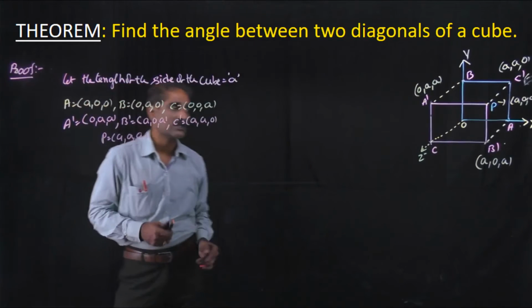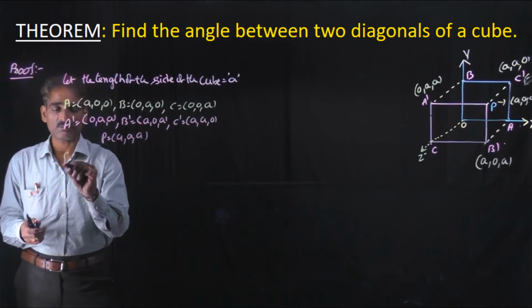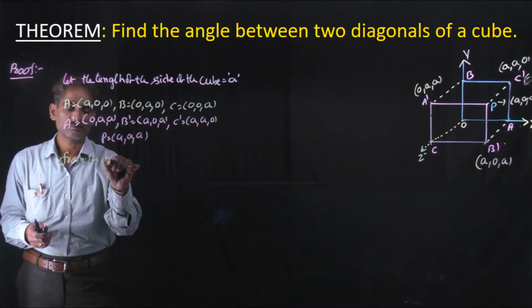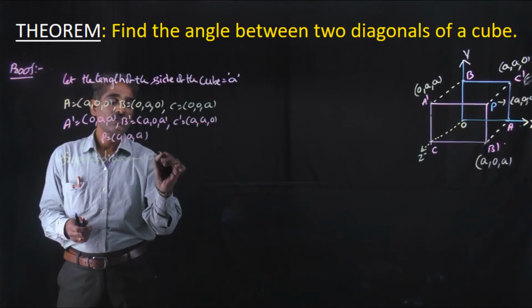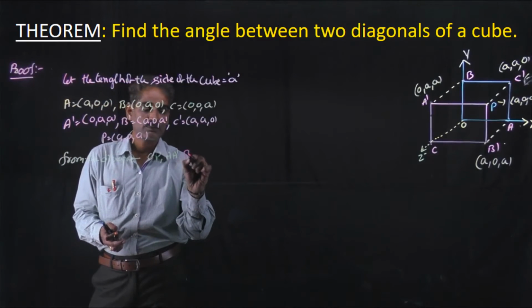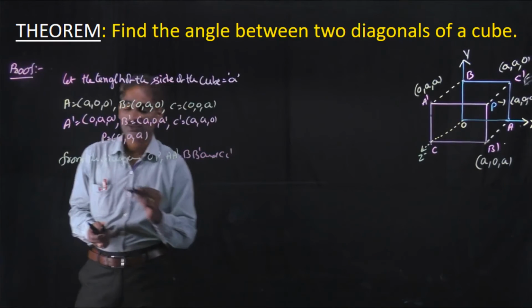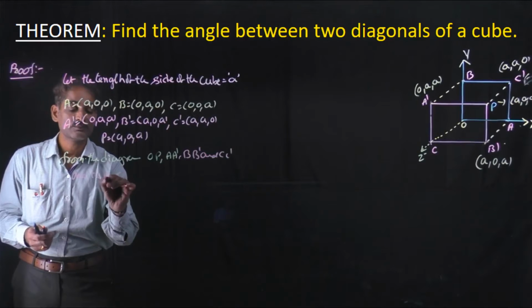Now in this figure, what about the diagonals? Observe from the diagram that OP, AA dash, BB dash and CC dash are the diagonals of the cube.